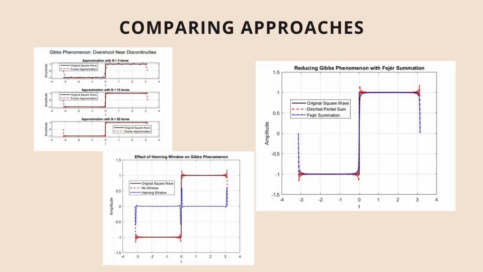To recap, we have three scenarios. Plain, truncated Fourier series, the Dirichlet kernel, produces the Gibbs phenomenon, persistent overshoot at discontinuities. Windowing reduces the severity of the overshoot, but does not fundamentally alter its existence. Fejér summation, or Cesàro means, averages partial sums, replacing the Dirichlet kernel with the Fejér kernel, and significantly curbs the oscillations.